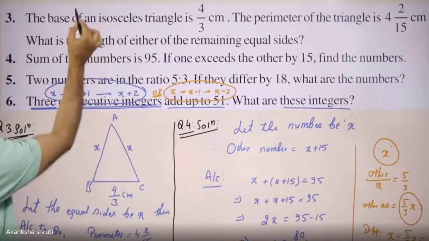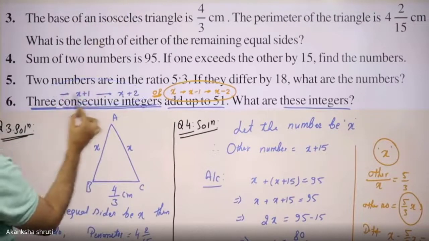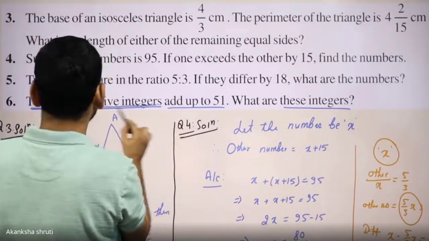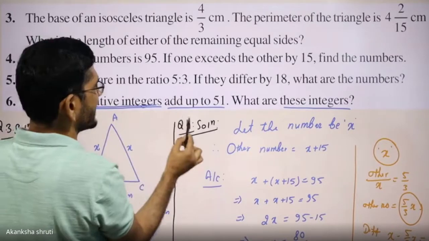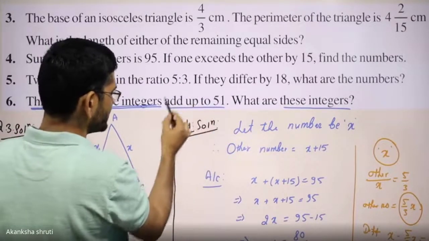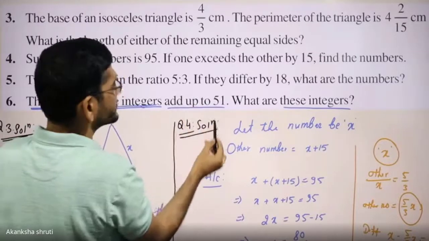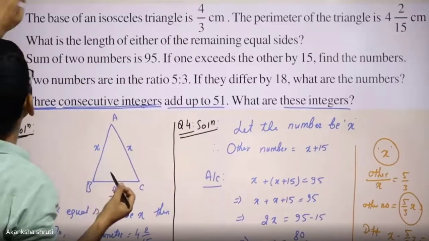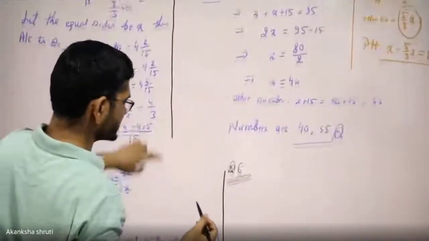Okay? So be careful. This way, in this question, we have to assume the 3 consecutive integers as x, x plus 1, x plus 2, but they will add up to 51. This way we can determine. So let us come to question number 6 now.